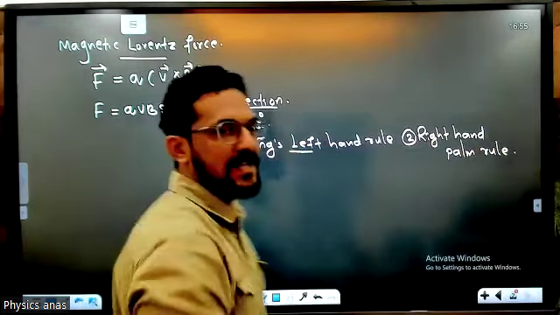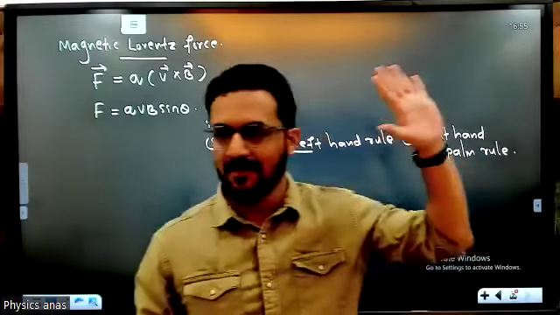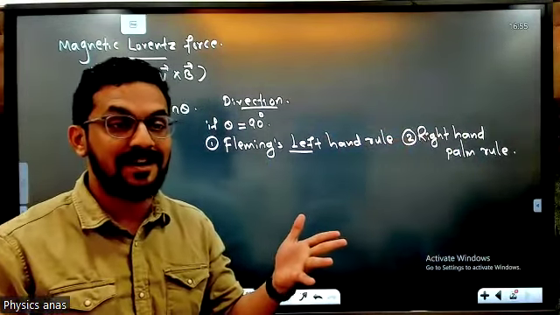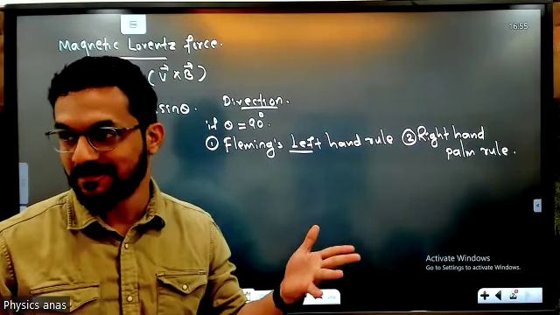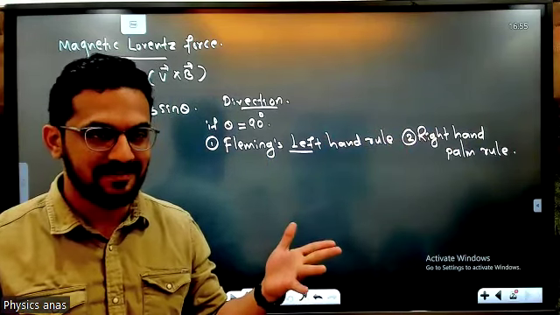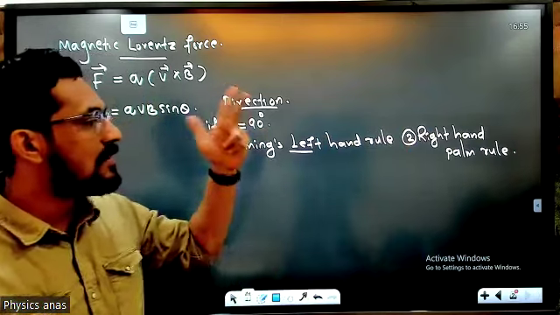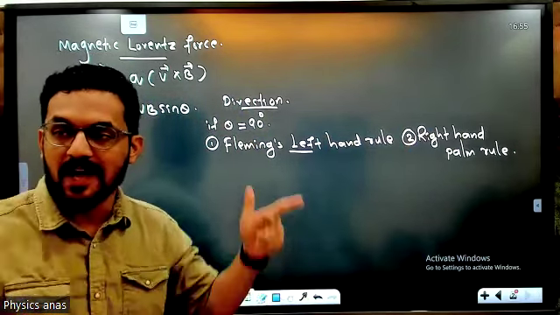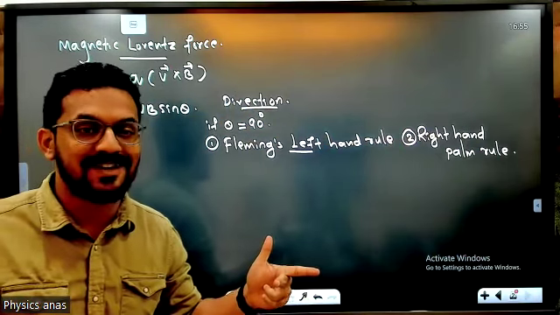Let's see what Fleming's left hand rule is. This is my left hand. Fleming's left hand rule is to find the direction of force. You can hold the thumb, forefinger, and middle finger of your left hand in mutually perpendicular directions.